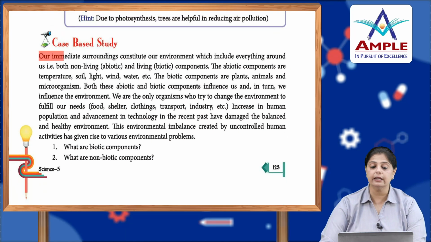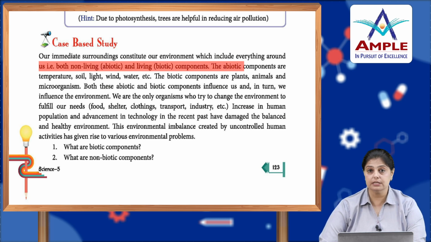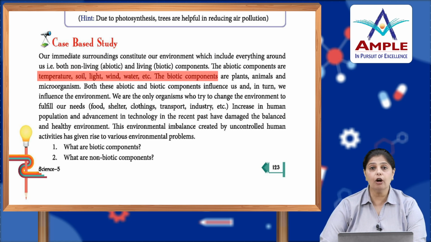Now, case-based study. Our immediate surrounding constitutes our environment, which includes everything around us, that is both non-living, abiotic and living biotic components. The abiotic components are temperature, soil, light, wind, water, etc. The biotic components are plants, animals and microorganisms. Both these abiotic and biotic components influence us, and in turn we influence the environment.